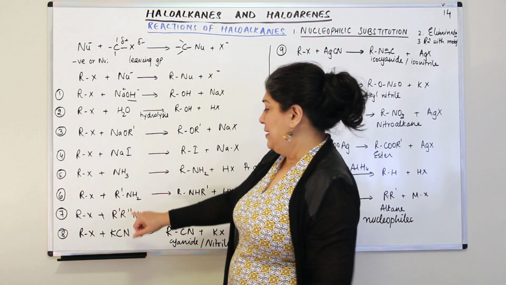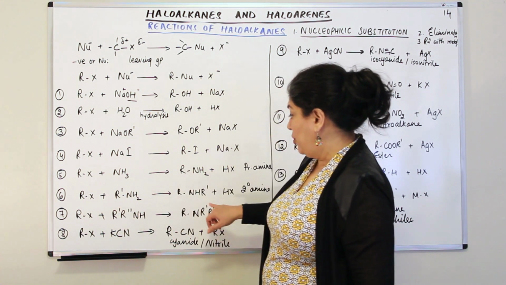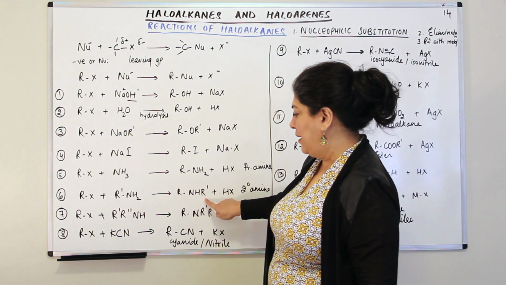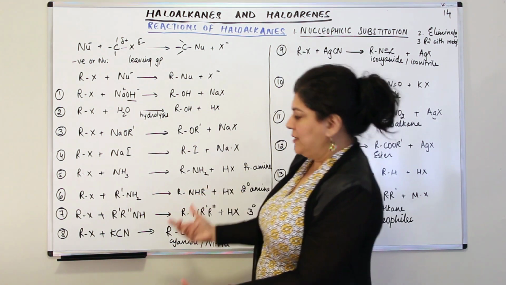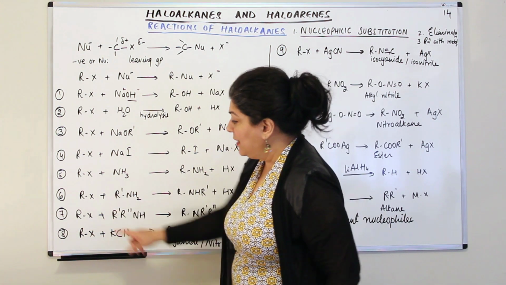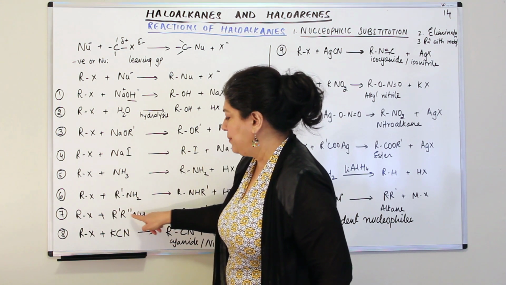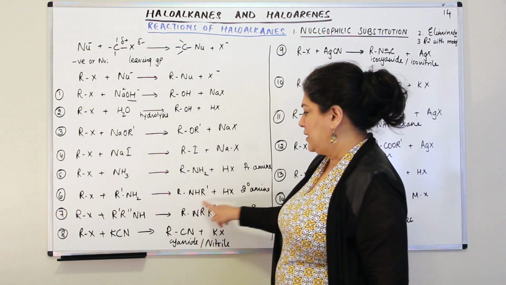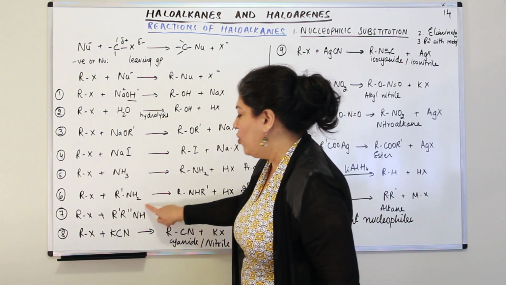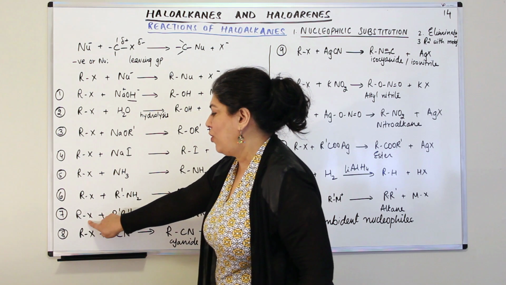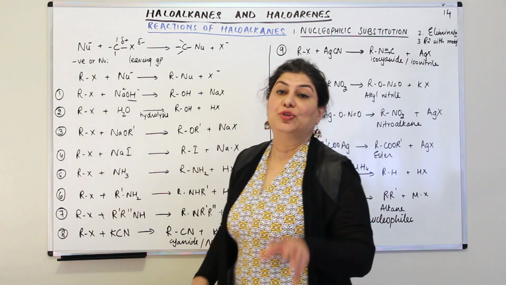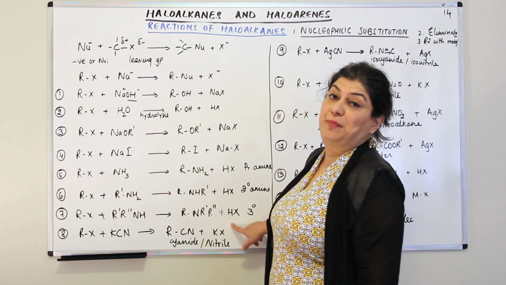If you further react this product, now we'll convert the R into R' and R' into R'', so that again it appears different from the alkyl halide that we are still using. So RX reacts with R'R''NH, which we got as a product here. When we carry out this reaction, this hydrogen also will be used to form HX, and R'R''N will become the nucleophile, and you will get a tertiary amine this time.